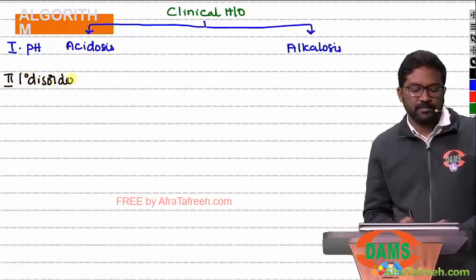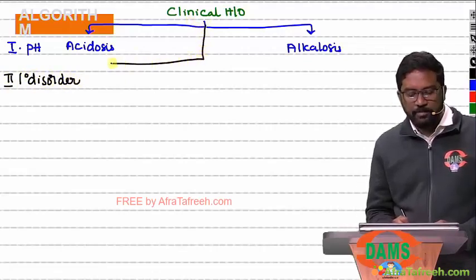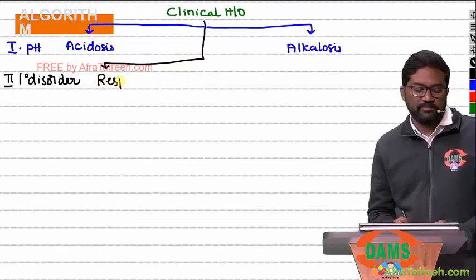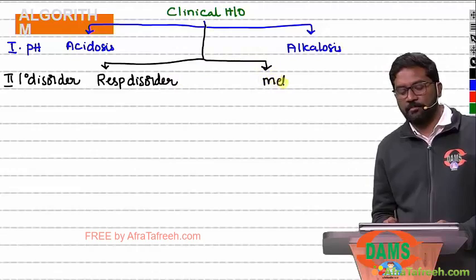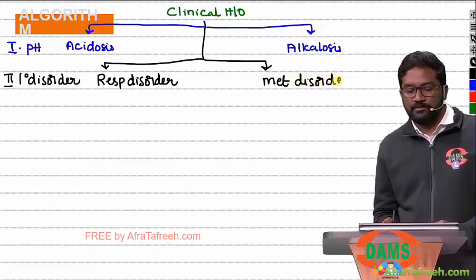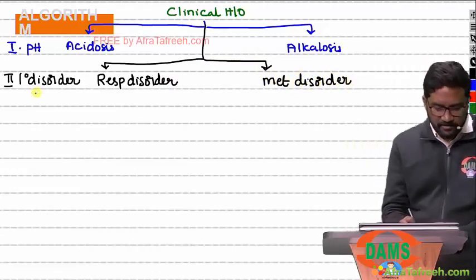By seeing the direction of change, if it is in the opposite direction, it is a primary respiratory disorder. If it is in the same direction, it will be a primary metabolic disorder. So disorder here means it can be either acidosis or alkalosis.